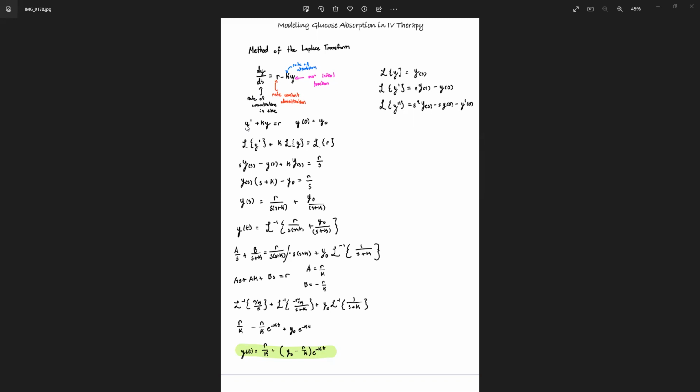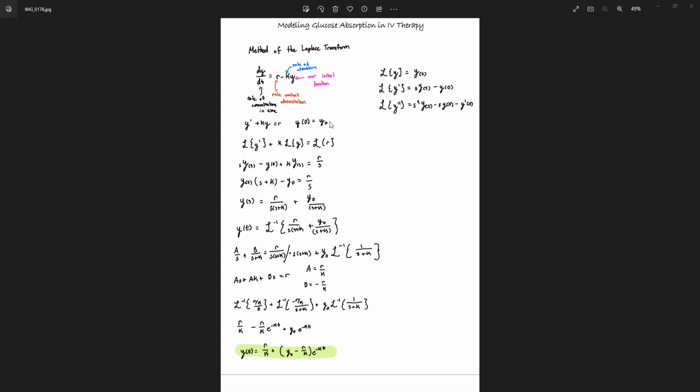Rewriting this equation as y prime plus ky equals r, we can clearly see that it is a linear first-order non-homogeneous IVP differential equation where y(0) is equal to y naught. As I had mentioned, we are using the method of the Laplace transform to solve this differential equation.